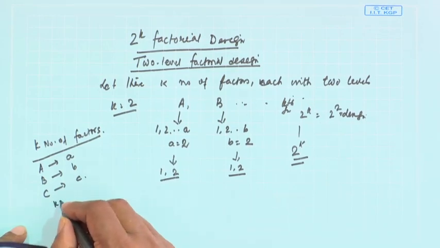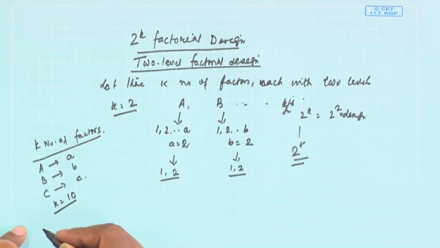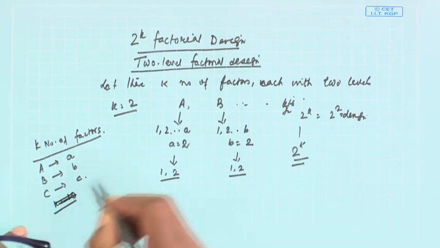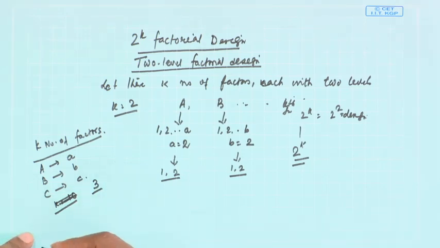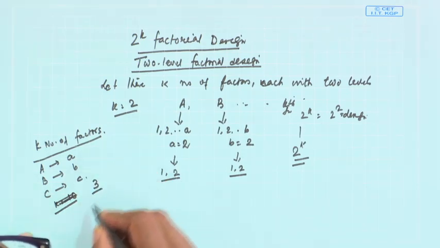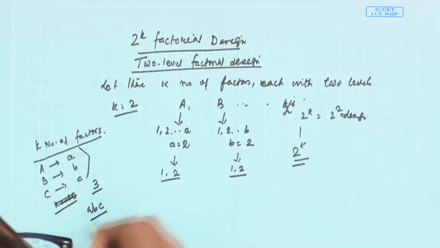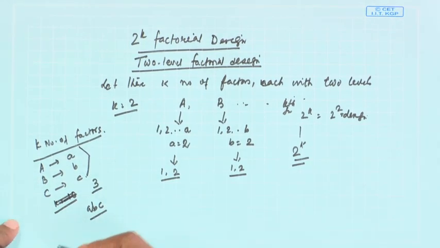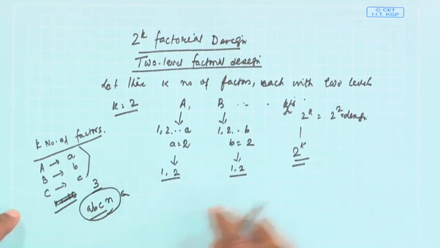Let us say the number of factors is 3 only, and then the number of independent runs will be a, b, c, and if I have n replications, this is the total number of experiments to be conducted.